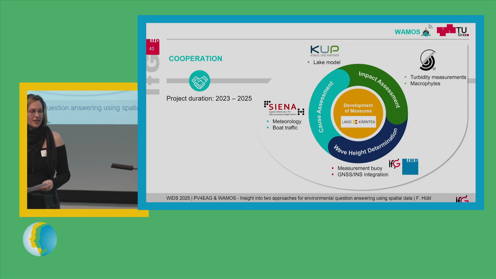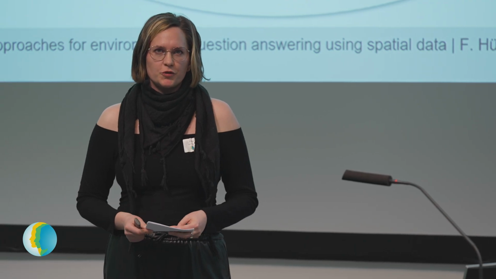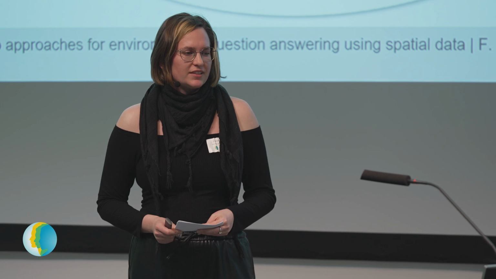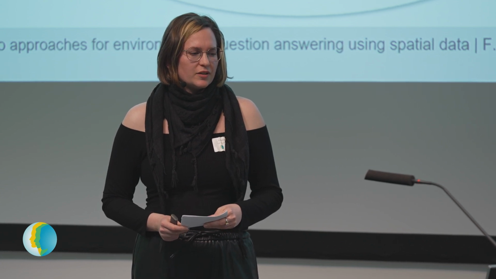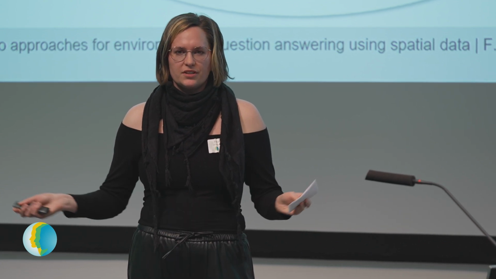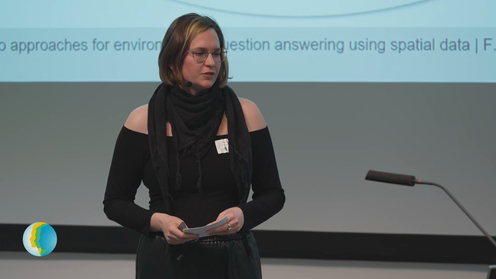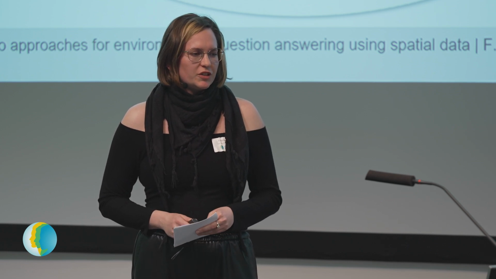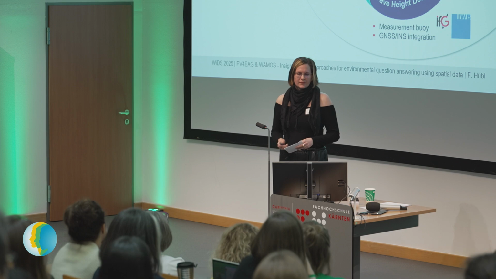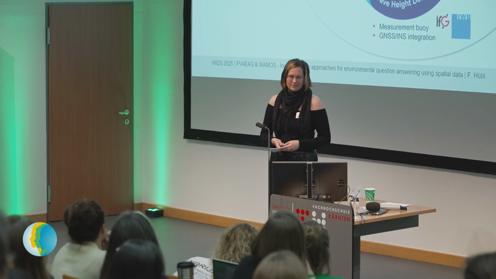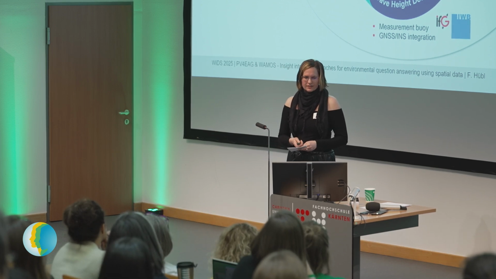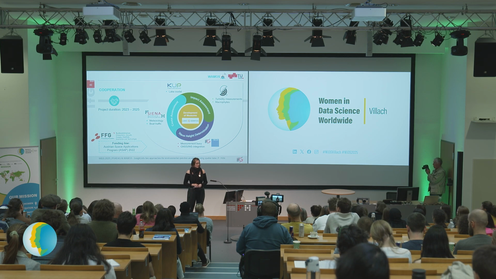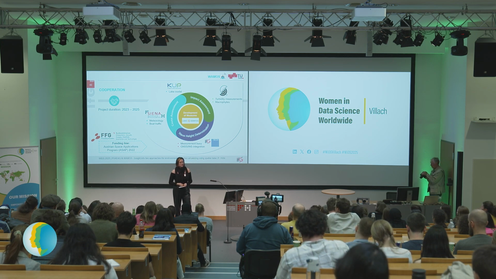All in all, we have to develop measures for Land Kärnten so that they can, for example, protect several natural sites at Lake Wörthersee, or decrease boat traffic. This is also funded by the FFG within the funding line Austrian Space Application Program.